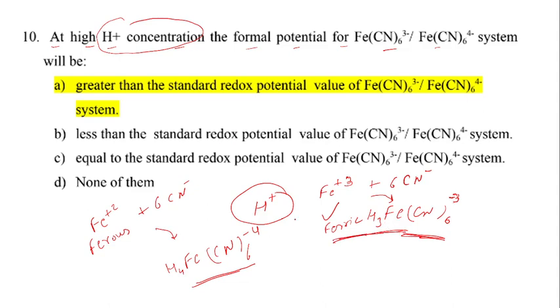So if you write the Nernst equation for this electrode potential, it will be E0 minus 0.0593 upon 1, because only one electron is transferring, times the logarithm of the concentration of product.